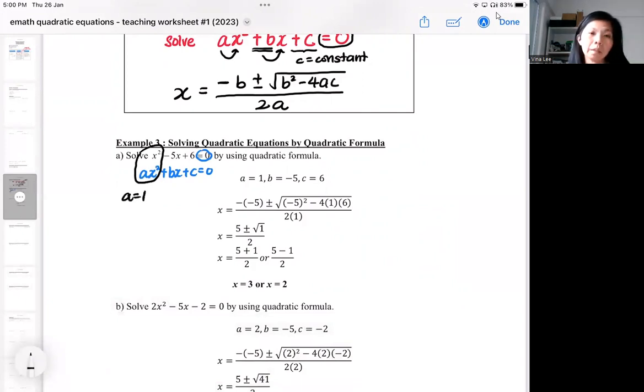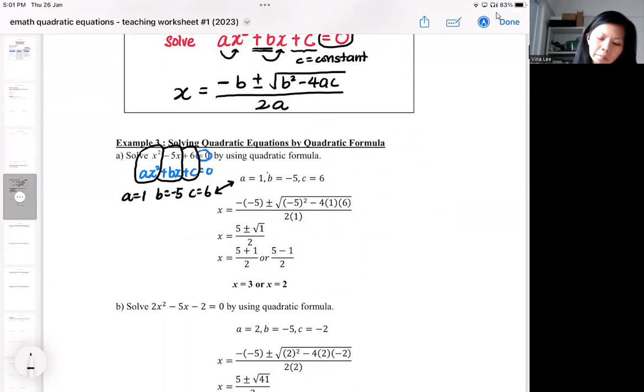A is the number beside x squared. B is the number beside x. C is the constant, it doesn't have any x. That's how I got my ABC. You can do this comparison to make sure that you don't have mistakes in your ABC. And then you have to insert your ABC carefully.